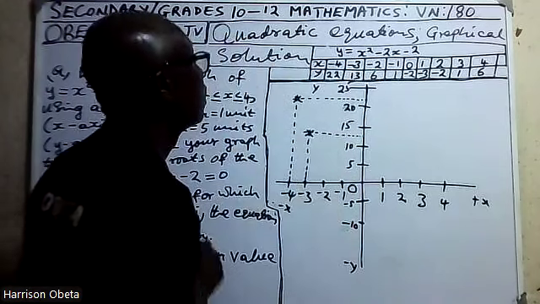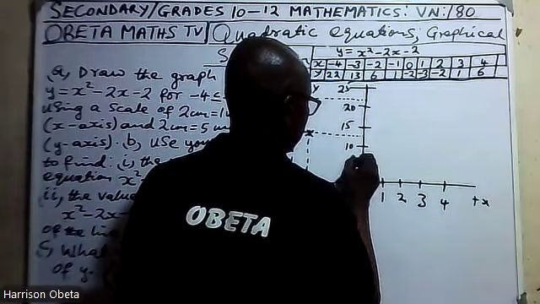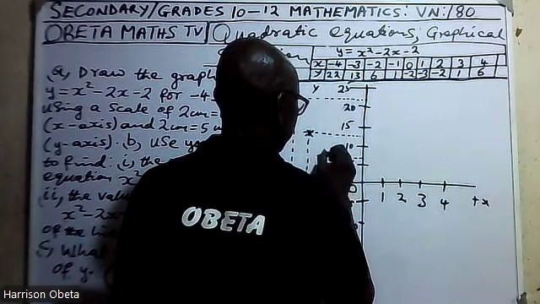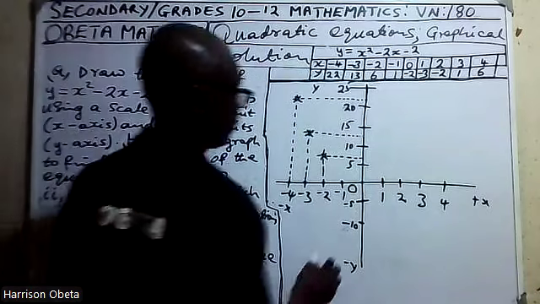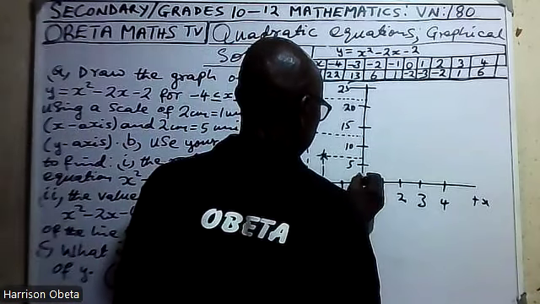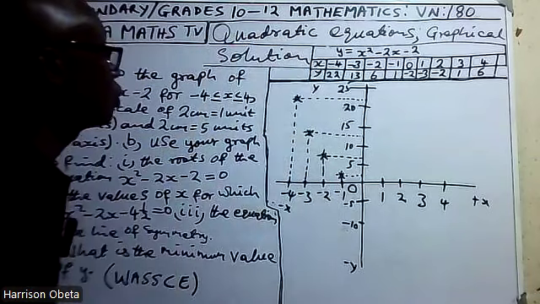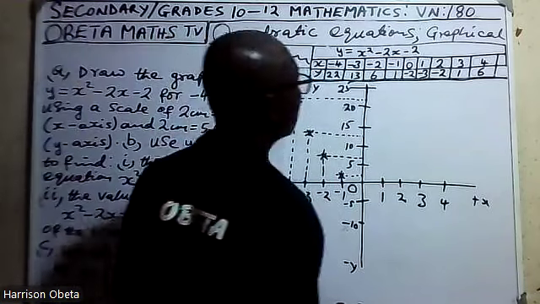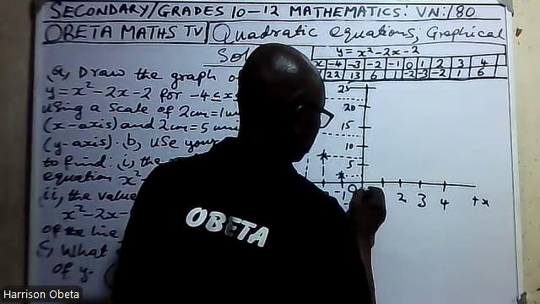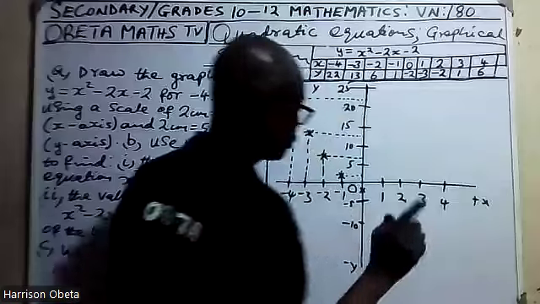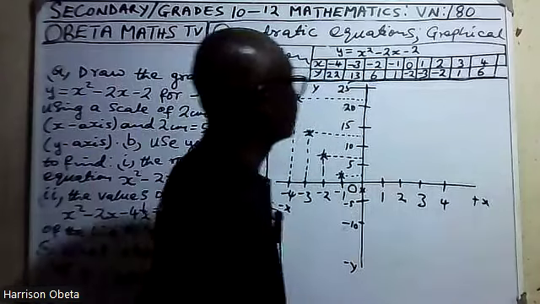Mark another x. x is minus 2, y is 6. x is minus 1, y is 1. x is 0, y is minus 2. Take note, y is 0, x is 0 on the y-axis, while y is 0 on the x-axis.